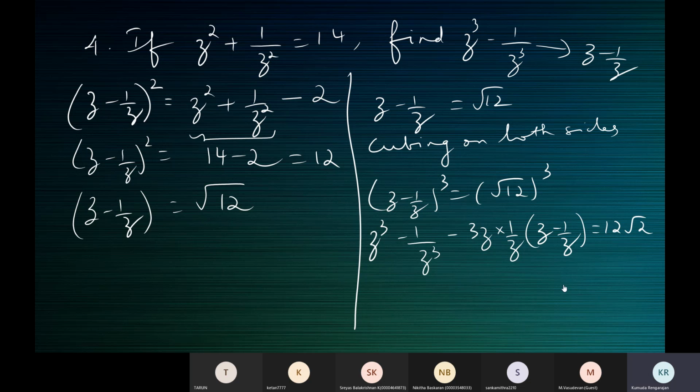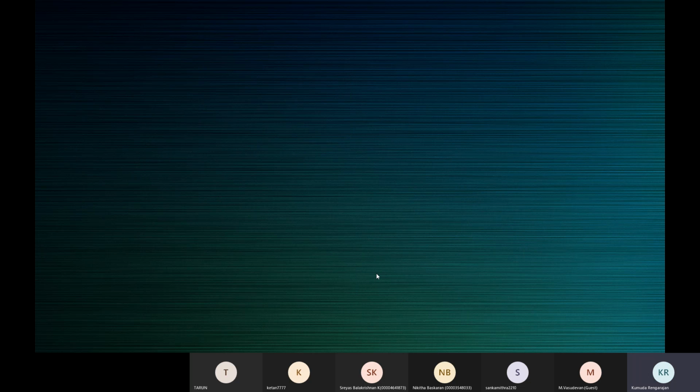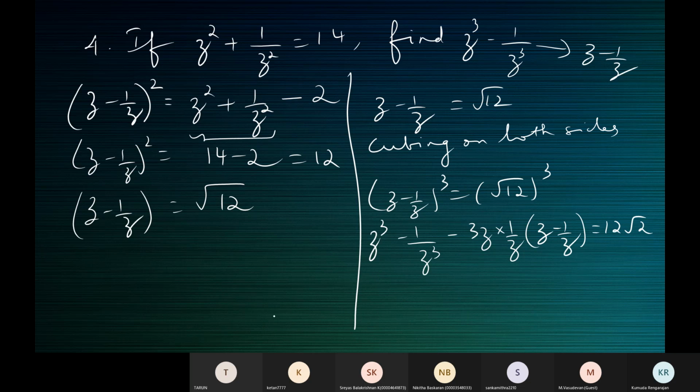Now here substitute. Z cubed minus 1 by z cubed, that gets cancelled, minus 3 into what's the value of z minus 1 by z?